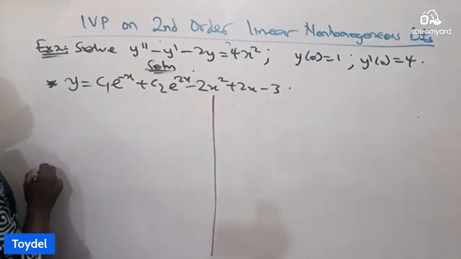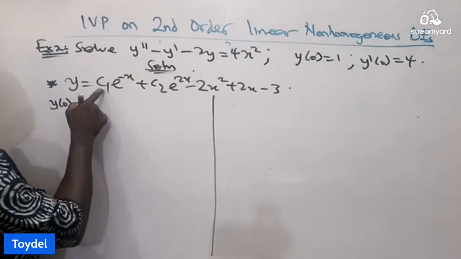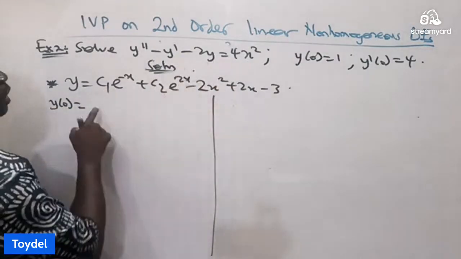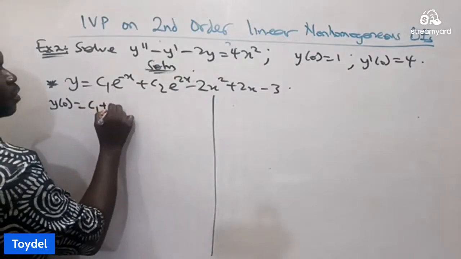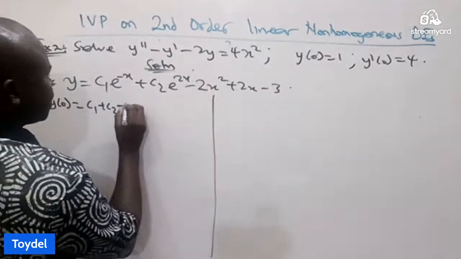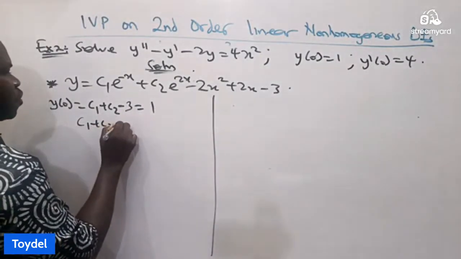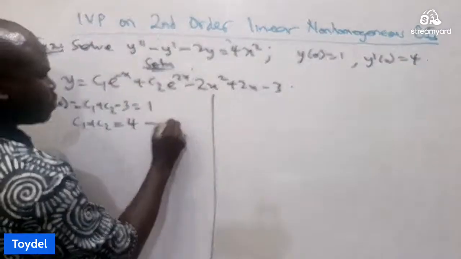So y(0): when x goes to 0, we have C1 + C2 - 3 = 1. So C1 + C2 = 4, equation 1.